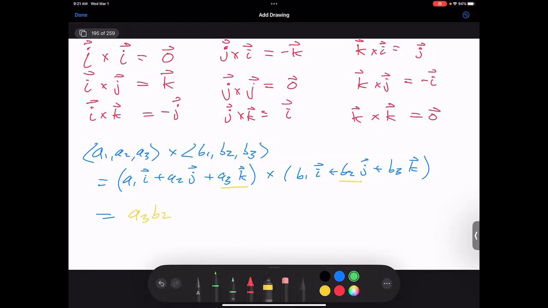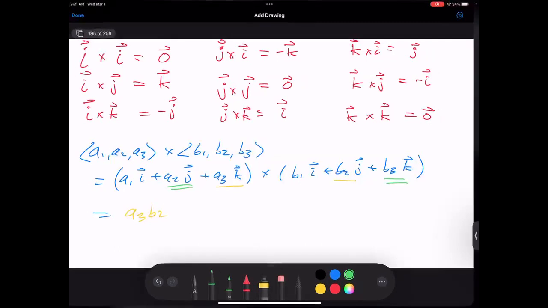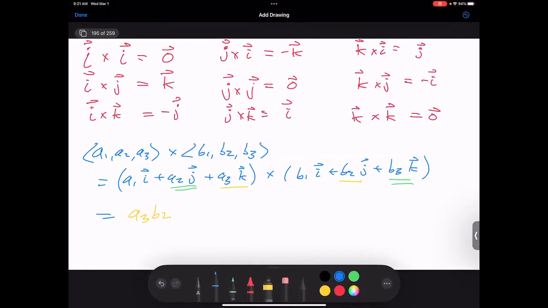And then the other one would be J times K, which would give me a minus sign because that's going to give me a minus I, right? So I will get minus, and then it'll be A2, B3, I hat, and so on.